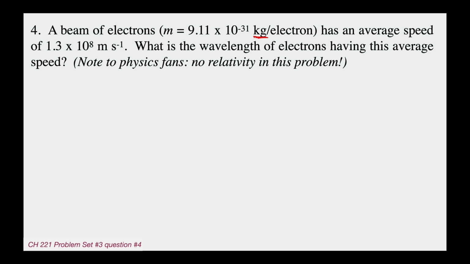So if you have something with mass, with grams, kilograms, pounds, although try not to use them in my presence, but you get the idea, this is when you have to use a different equation, and this is what they call the de Broglie wave equation. The de Broglie wave equation also has a wavelength in it, but it's a different kind of wavelength. It's the wavelength of a particle.